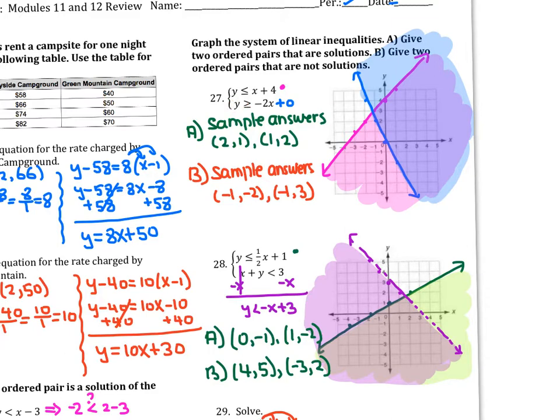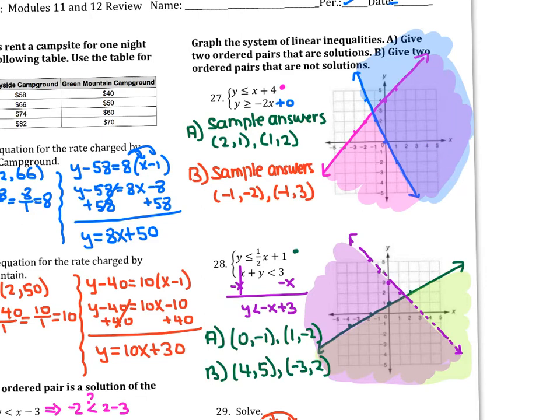And it's shading down, so you can see all the pink going down because it's less than. On the second inequality, you have plus 0, so my intercept is 0. But then I'm going to move down 1, right 1. And this is also a solid line because it has a bar at the bottom. But this one's shading upwards because it's greater than.